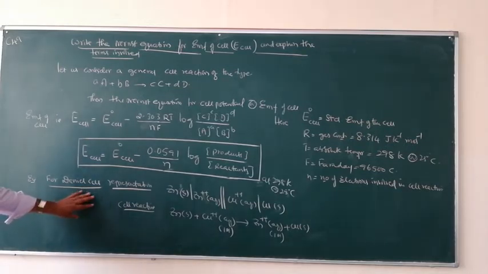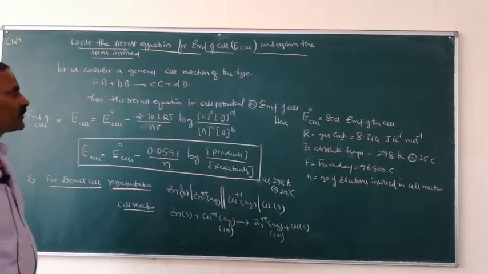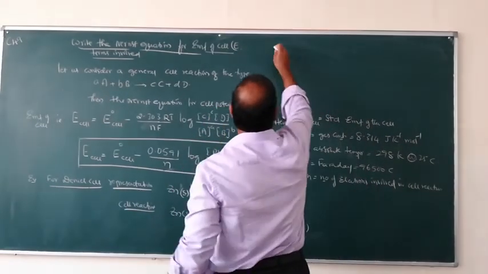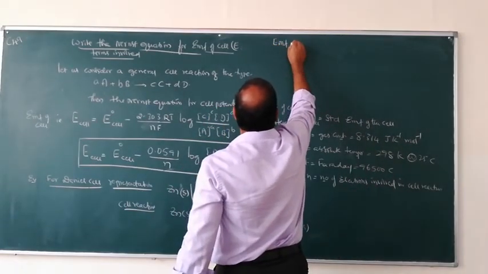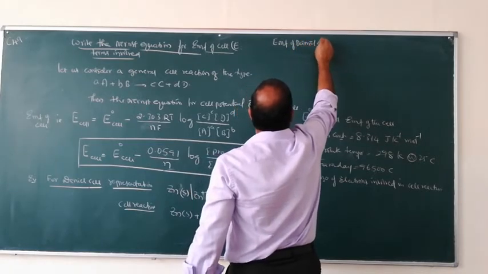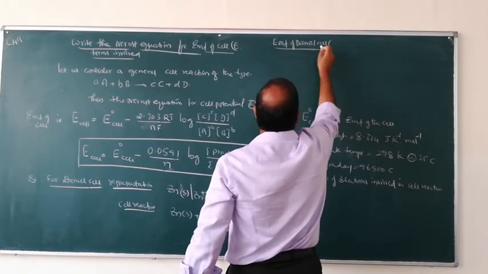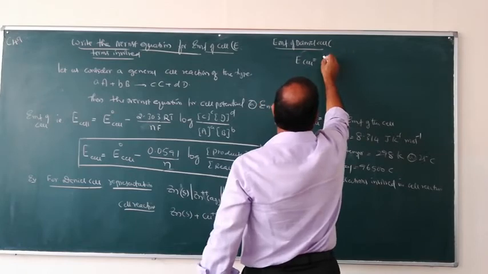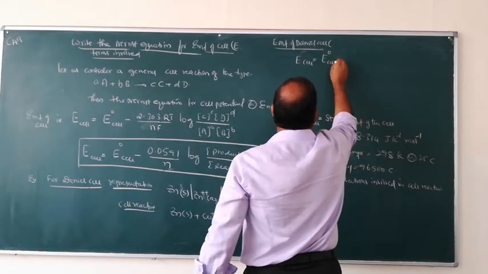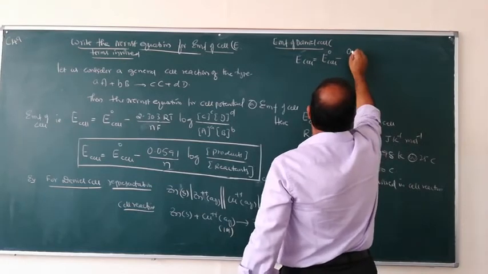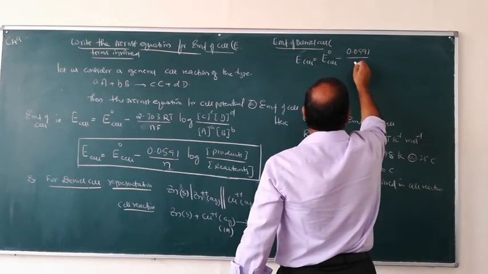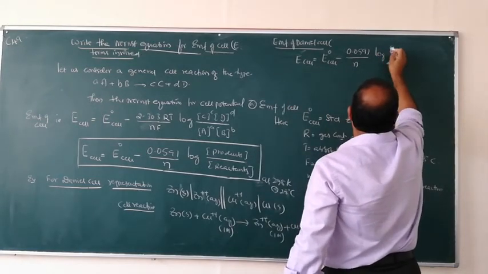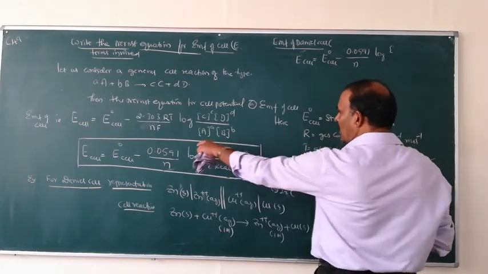Then what is the EMF of this cell? So EMF of Daniell cell, E cell is equal to E naught of cell minus 0.0591 divided by n log of concentration of products.